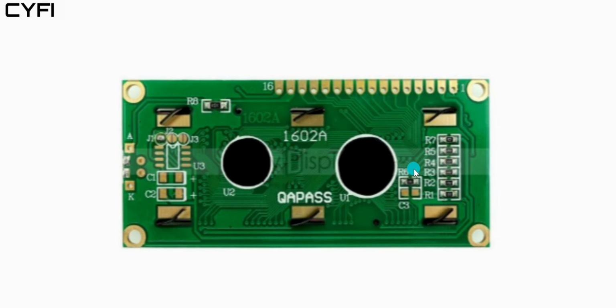They are based on the HD44780 controller, which controls the characters on the main screen and converts signals into the text display. So overall, you can say this is the brain of the LCD display.